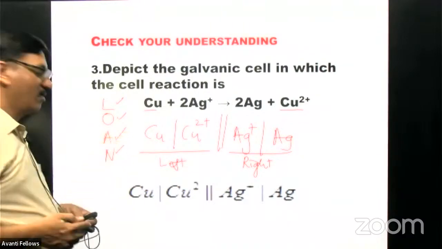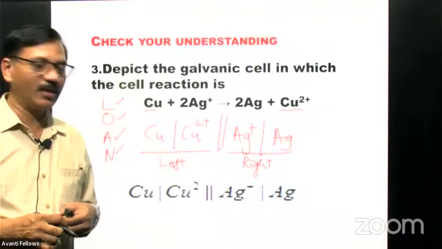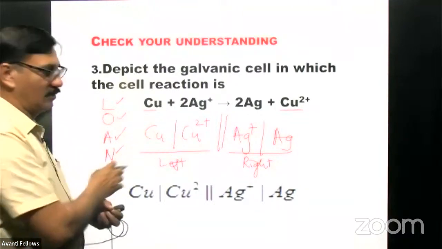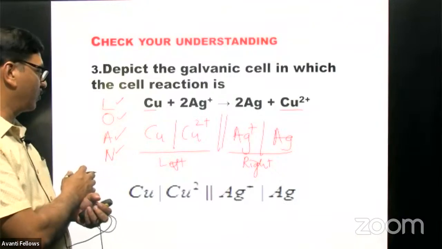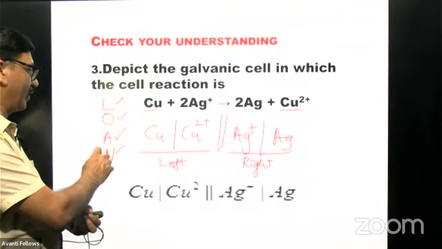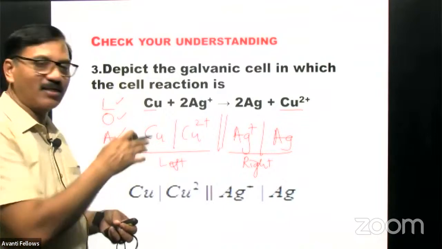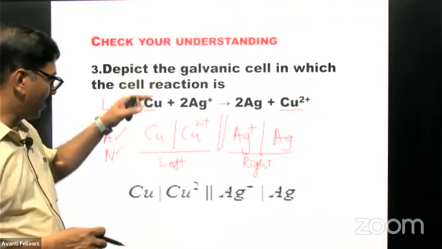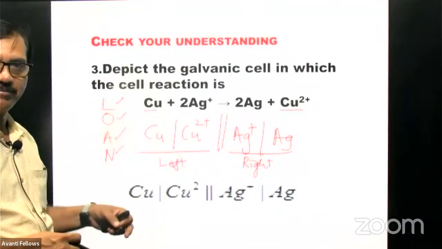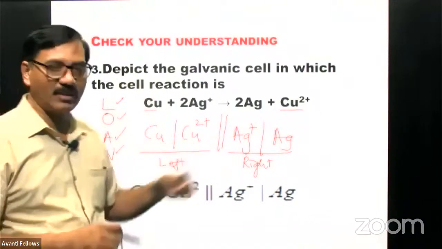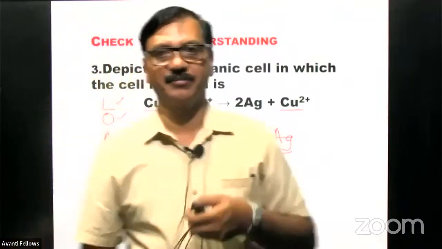And this is negatively charged. The sign assigned to this is negative. So the anode is negative. LONE will help you remember the characteristics of the anodic half cell, or the left half cell. So this is the way of representation of an electrochemical cell.